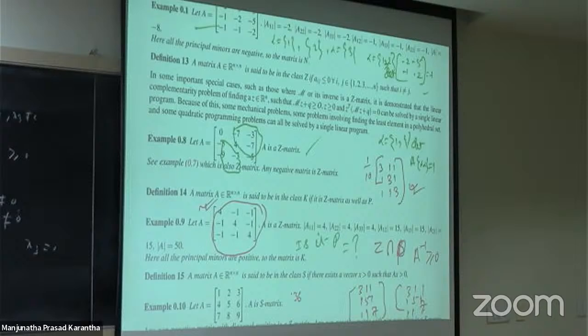Matrix of size 2? Size 2 you can say, but I will be happy if you can give a size 3. I'm not very hopeful about size 2.